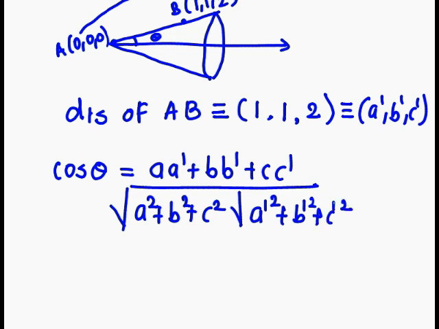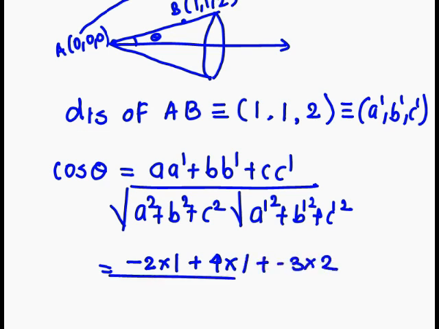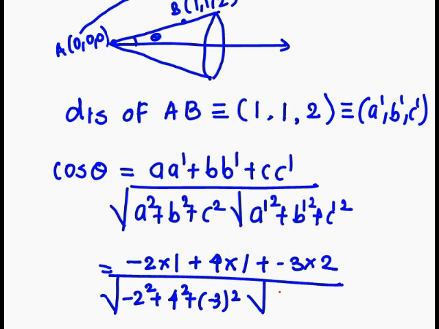So by substituting the values, we get minus 2 into 1 plus 4 into 1 plus minus 3 into 2 divided by square root of minus 2 square plus 4 square plus minus 3 square into square root of 1 square plus 1 square plus 2 square.